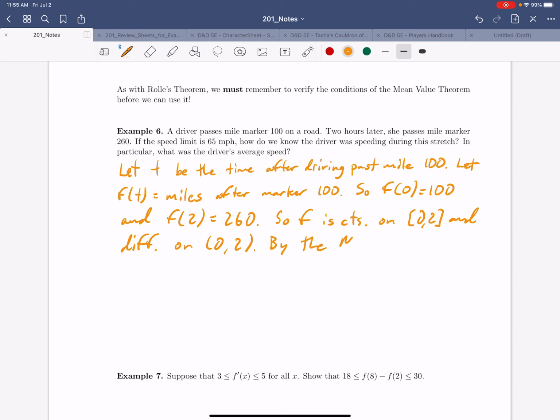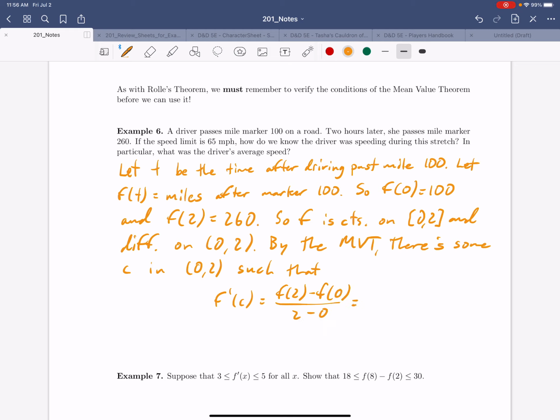By the mean value theorem, there's some c in the open interval from 0 to 2 such that f prime of c equals f of b, which I'm going to say is f of 2, minus f of a, which is f of 0, all over b minus a, right? So this is going to equal 260 minus 100, all over 2 minus 0, and this winds up being 80 miles per hour.